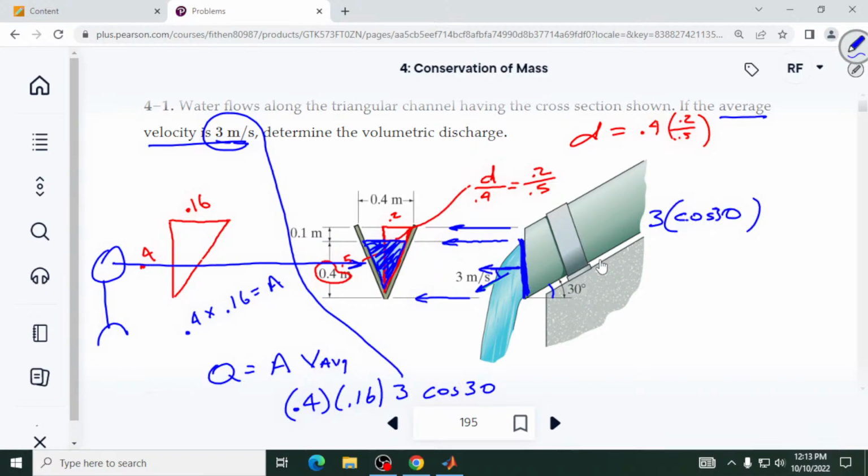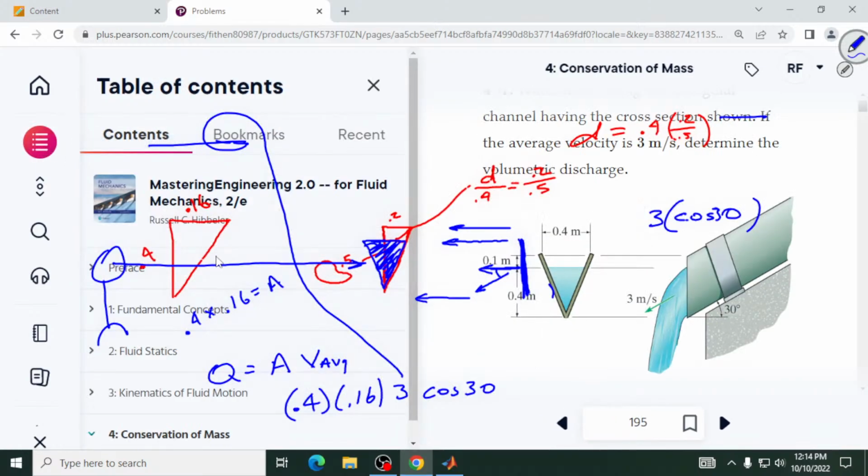Now, this one's so weird that I'm going to go see if I can find the answer in the back of the book. I see that I'm on page 195. 4.1. Do not know.